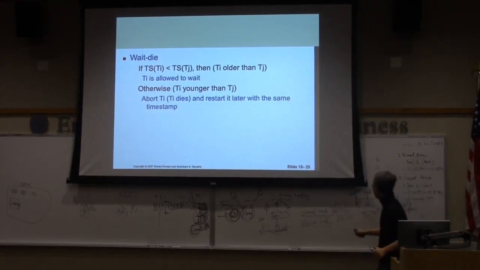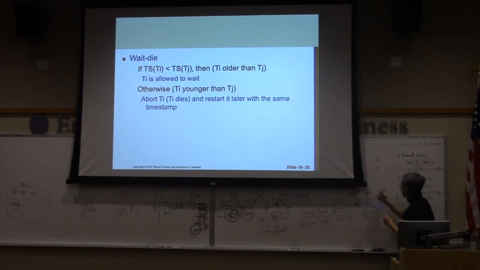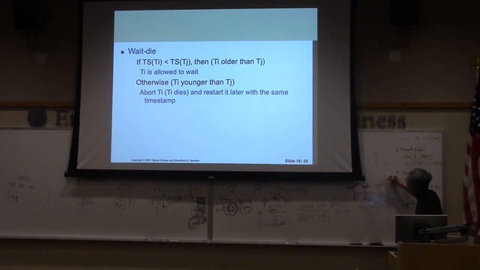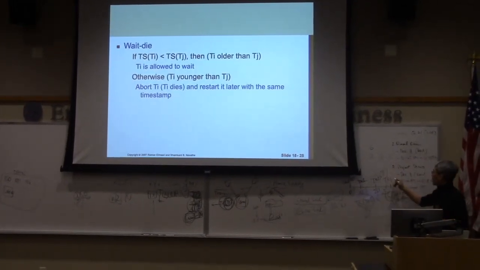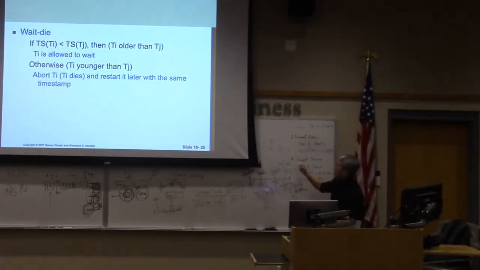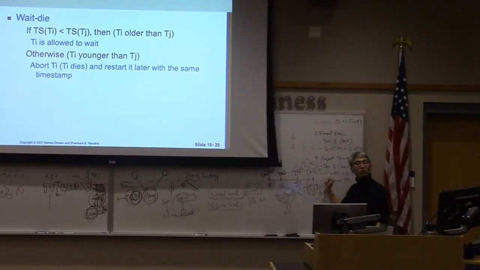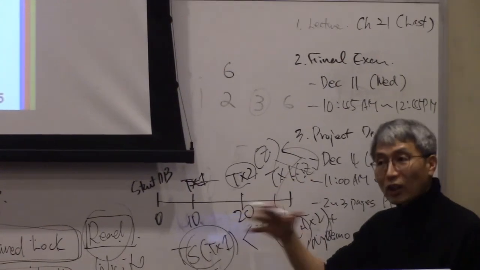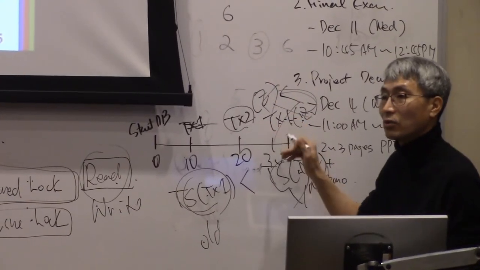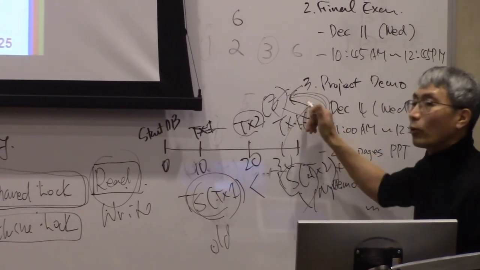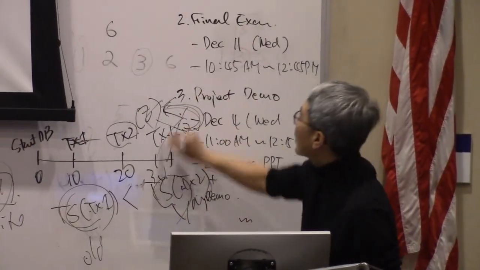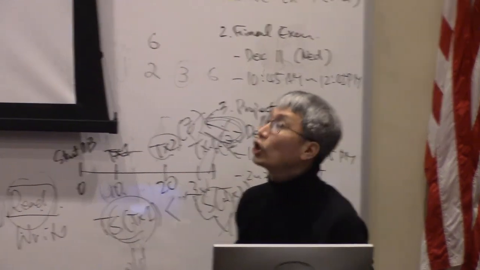Otherwise, if this one is younger, which means transaction 1 started at 30, and the other one holds the lock, but this one requests, you do not have the chance to even request. If we allow this to wait, everybody waits. There's no order. So in this case it will be terminated.